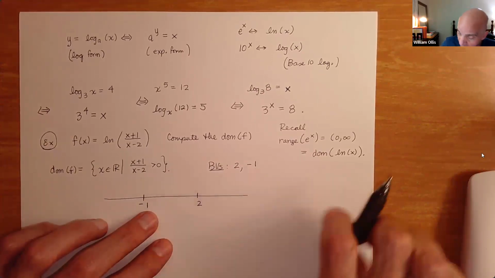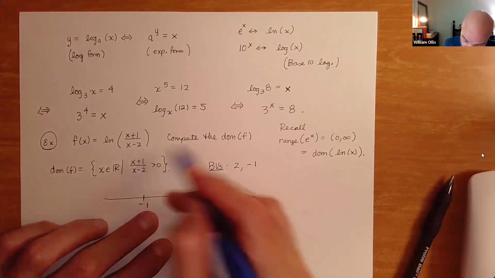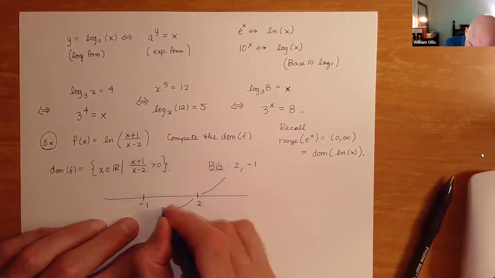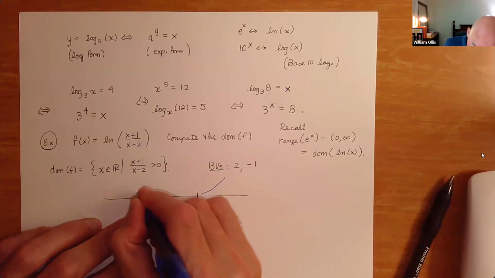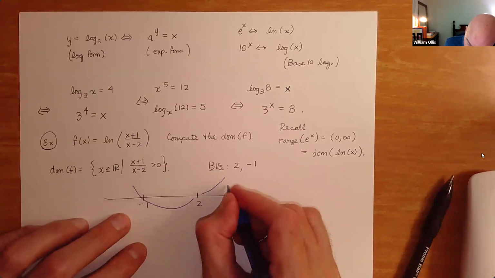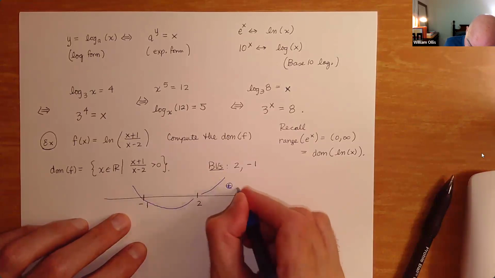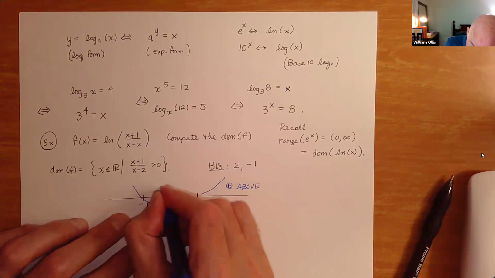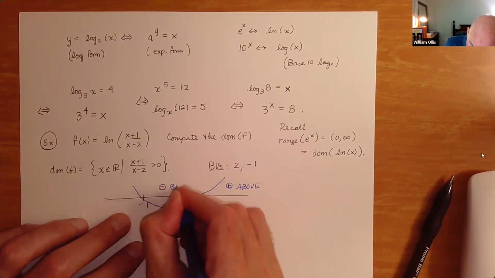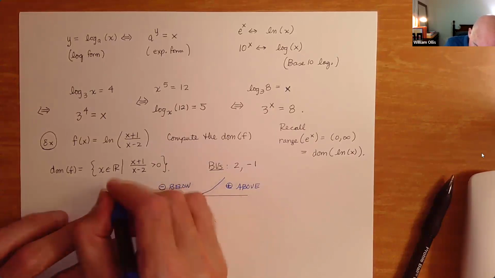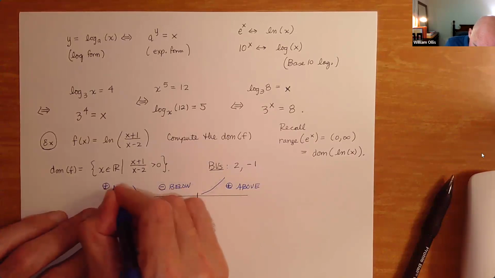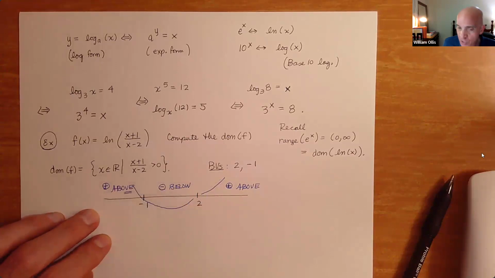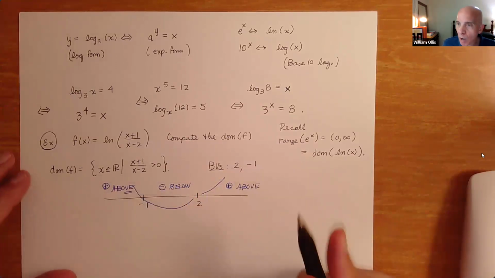So we'll just take 500 for x, where this is clearly positive. So we change sign, and then we change sign again. So here we have plus above, just like we did when we were graphing the inverse function, negative below, and then positive above. The multiplicities are so instrumental in giving us an efficient technique to solve inequalities.